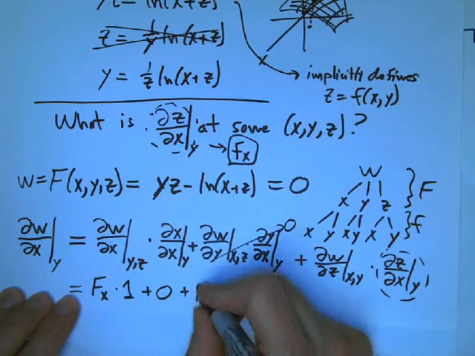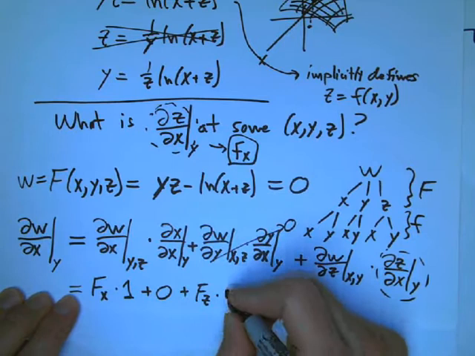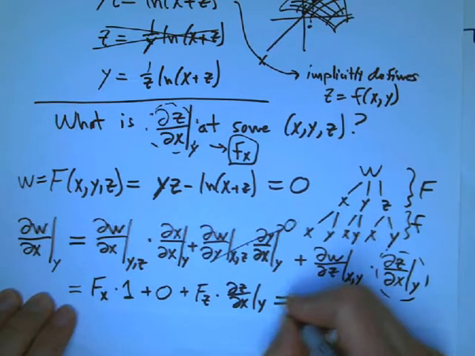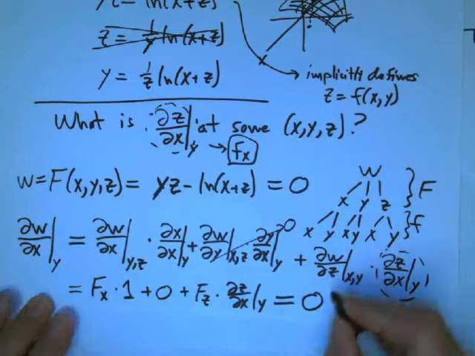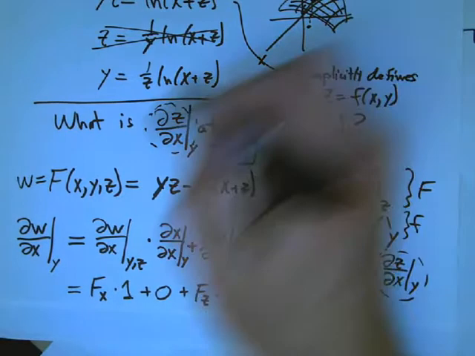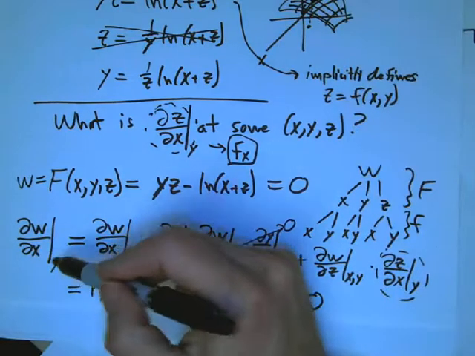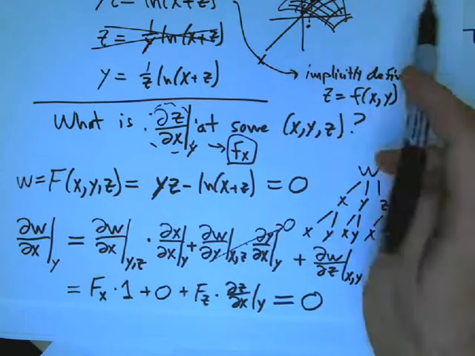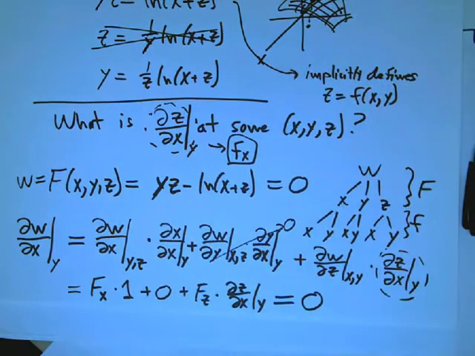This is f_x times 1 plus 0 plus f_z times what I want, dz dx with y held constant. And again, this is supposed to be 0 if I'm staying on this surface. If I vary x and I don't vary y, but I also simultaneously vary z in such a way as to stay on that surface, that derivative should be 0. Finish it up next video.